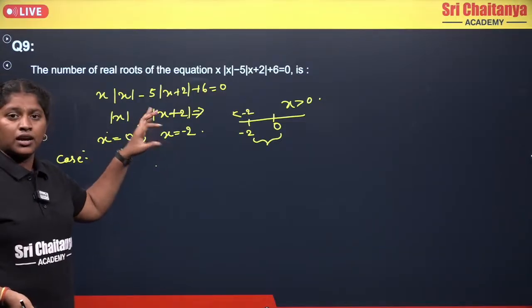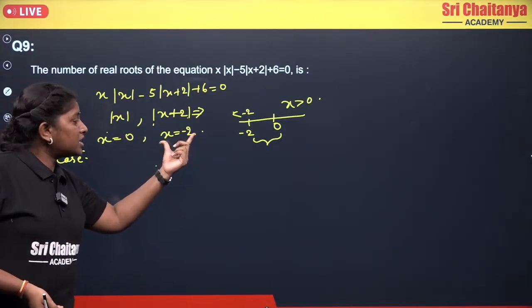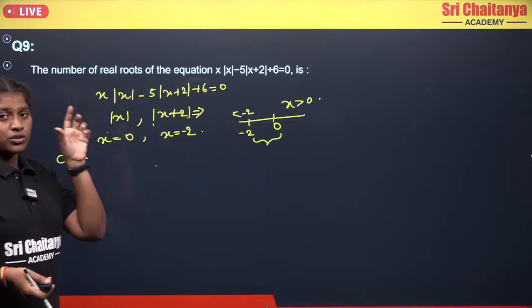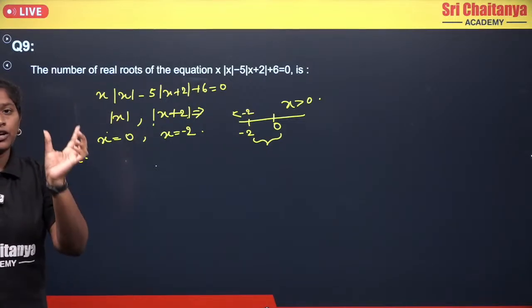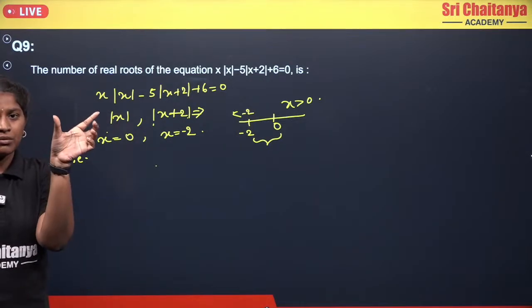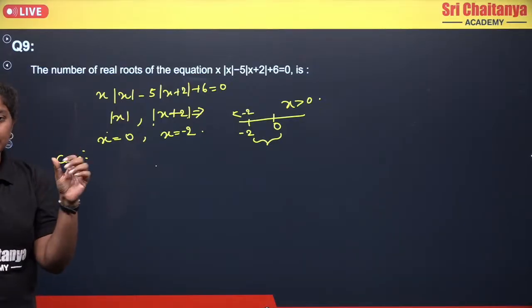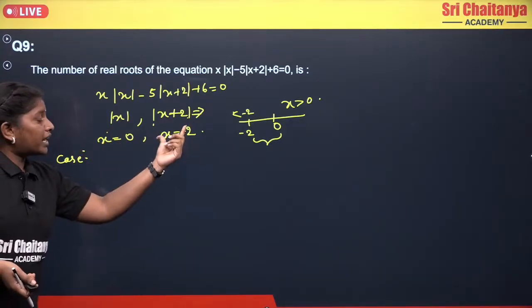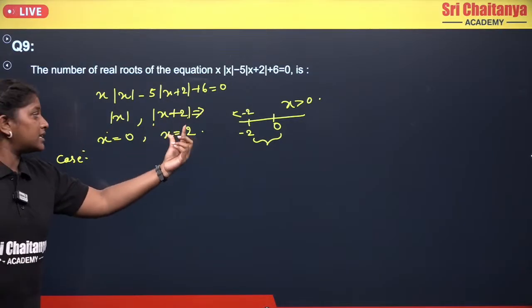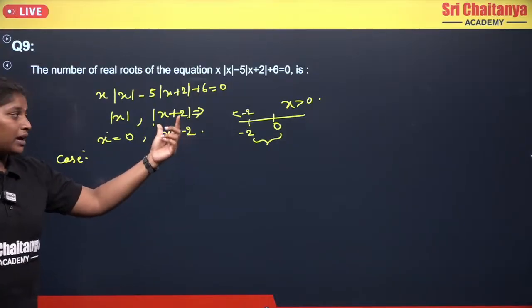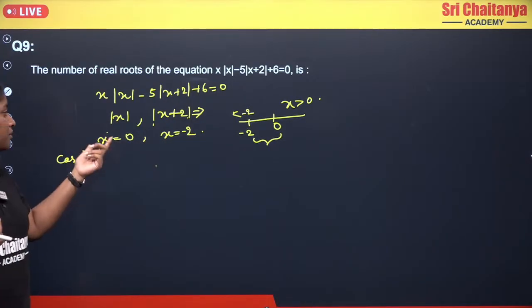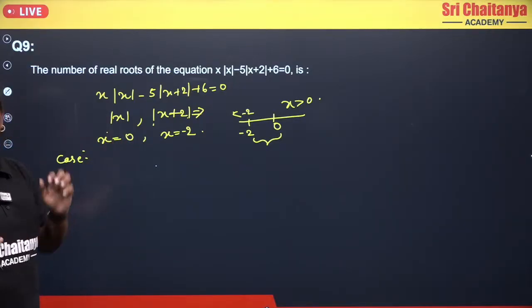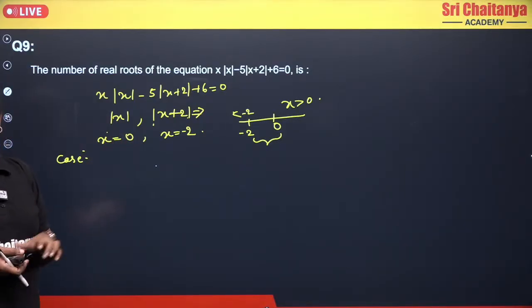Why? Because as I am having here minus 2 and 0, we got both the limits. So we need to find what are the roots that are available between those intervals. Negative we are going to consider, that's the reason we take less than minus 2, and we are going to consider the positive also, so we will be taking greater than or equals to 0 also. Okay. So this is how we are going to simplify it.